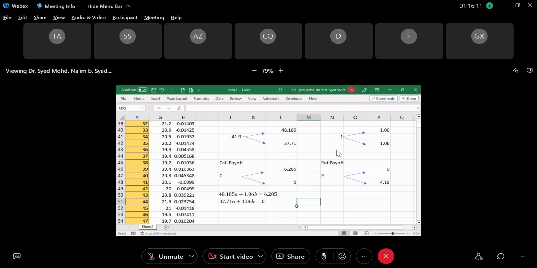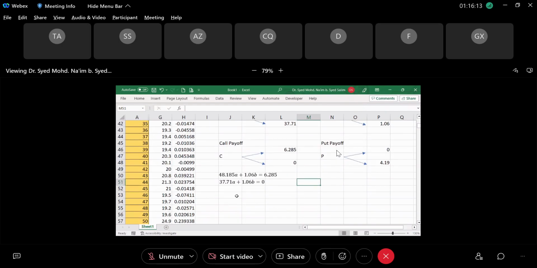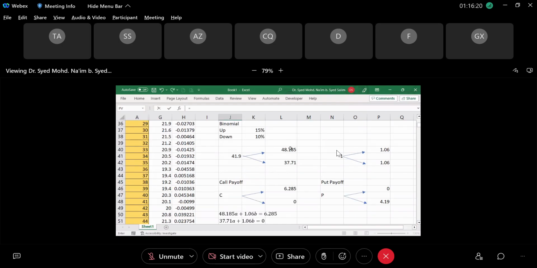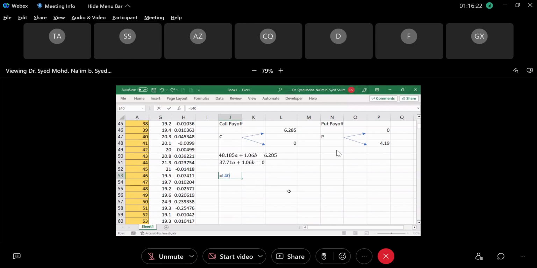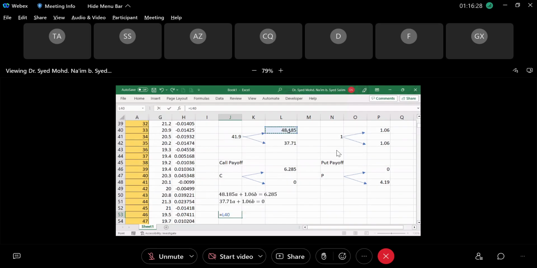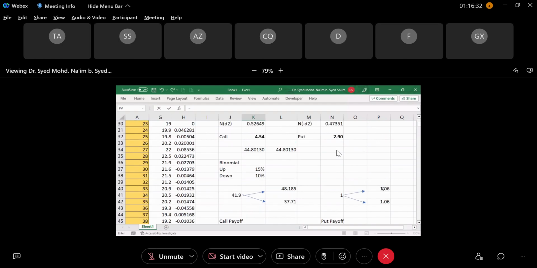And we can have the matrix here equal to 48.5, here is equal to 0.6.